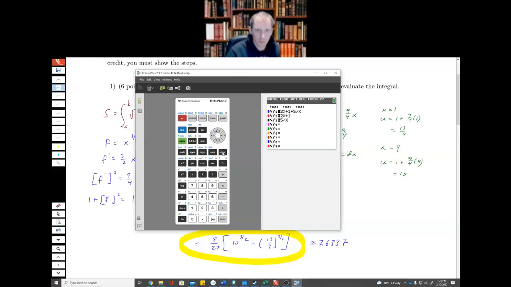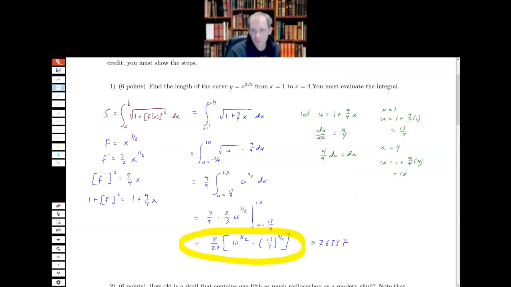So if I look at a graph, y equals x to the 3/2. Right. So from 1 to 4, it's moving up pretty far, and maybe it makes sense that it's a little more than double 3. Okay, so it seems reasonable.